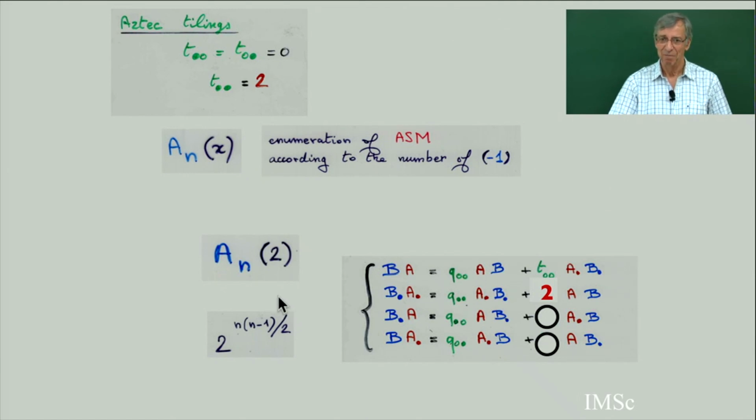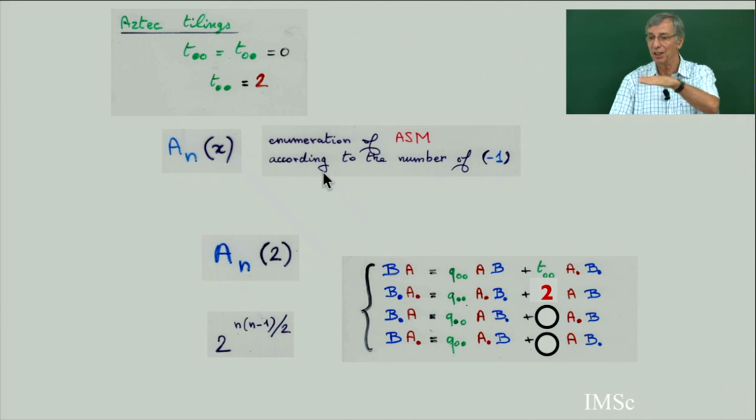Yes? A_n(x) is a generating polynomial for the enumeration of alternate sign matrices by the number of -1. So the coefficient of x to the power i will be the number of alternate sign matrices of size n having i -1.